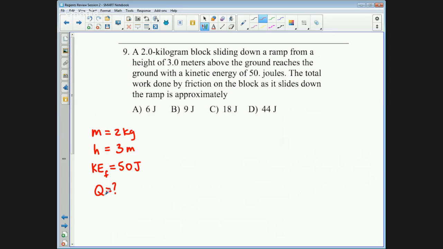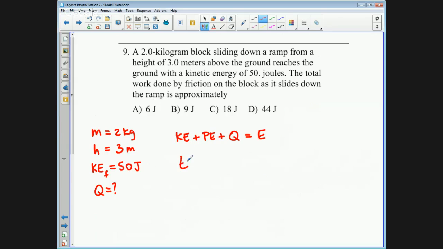Okay. So we're going to have kinetic energy plus potential energy plus Q equals our total energy. So these are all initial.